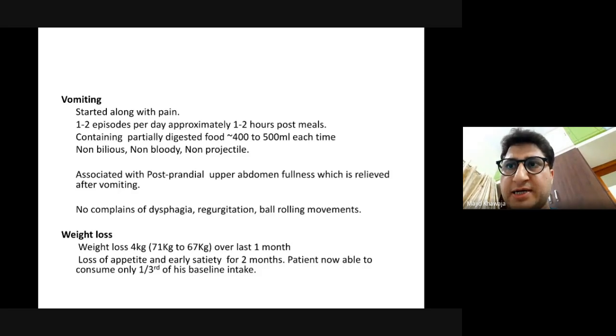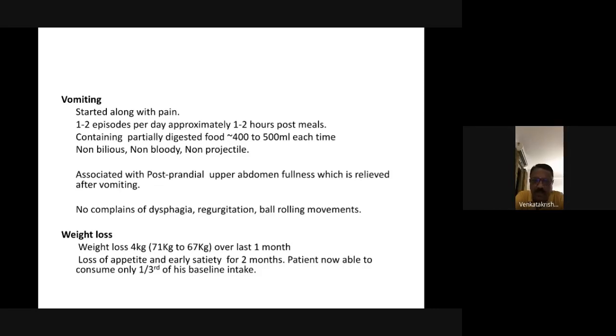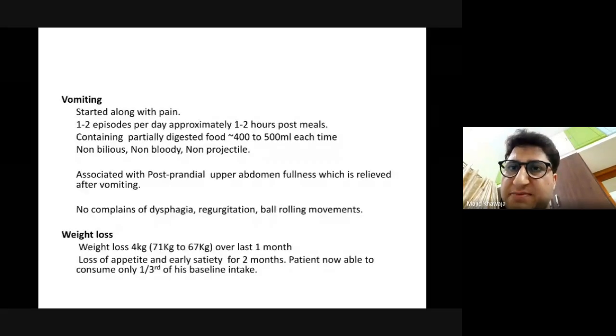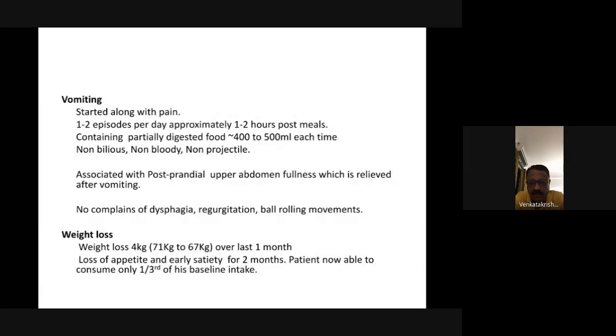Most likely, the pathology is limited to the stomach because bile is not there. It can be a gastric malignancy. Which part of the stomach do you think it is affecting now?